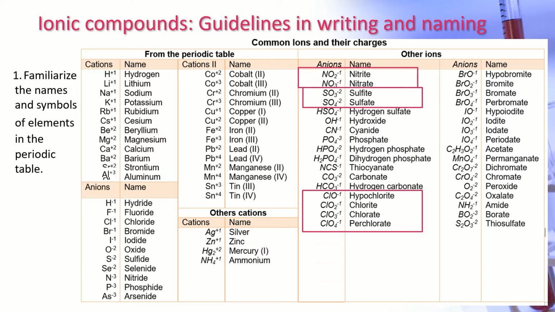ClO -1 is hypochlorite, with one oxygen more is chlorite, another oxygen more is chlorate, and lastly ClO4 -1, which is 3 oxygens more than the original hypochlorite, is perchlorate.